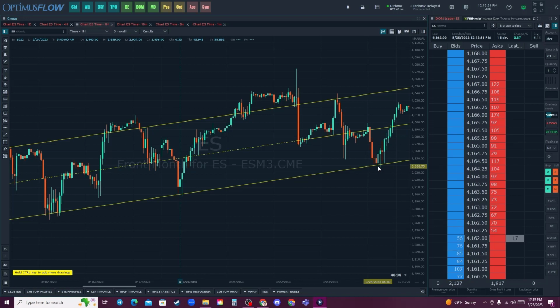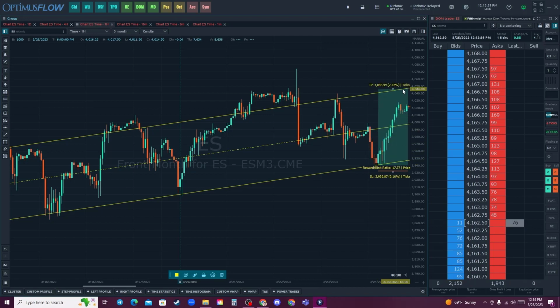We'll click on our entry and extend this up to the top of this channel, and we'll put our stop below the last low. And again, this is assuming that this trend is going to continue. We're continuing to make higher highs, higher lows. So this could be a logical area for a stop and a take profit.